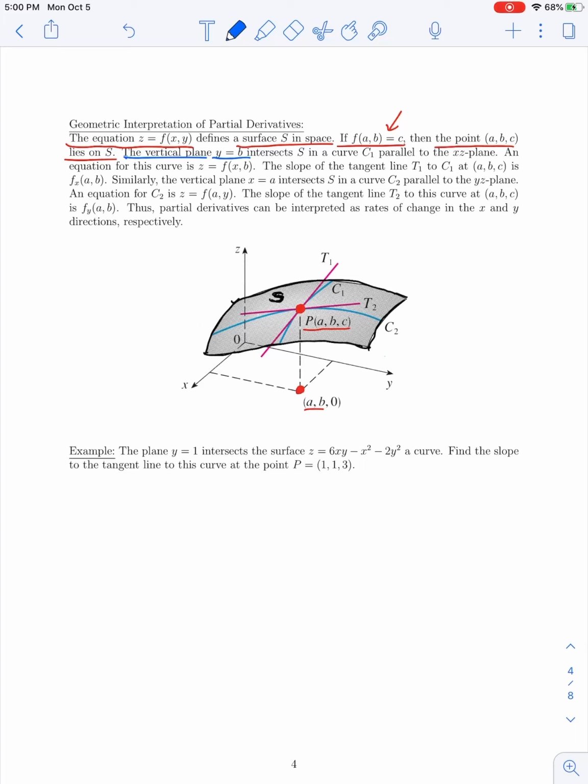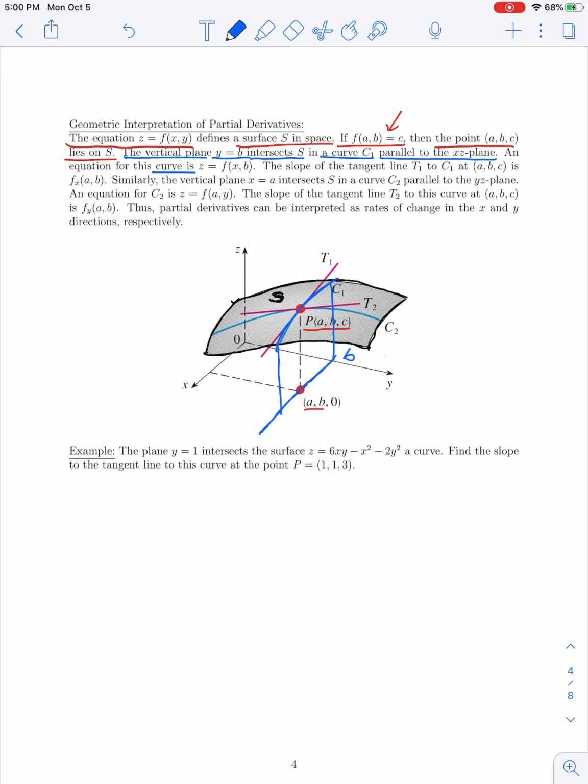If we take a vertical plane with a constant value of y, let's say y equals b, so we're passing through the point a, b, 0, this plane would slice our surface, and the intersection of this plane with our surface would be a curve C1. So this plane intersects the surface S in a curve C1, which is parallel to the XZ plane.